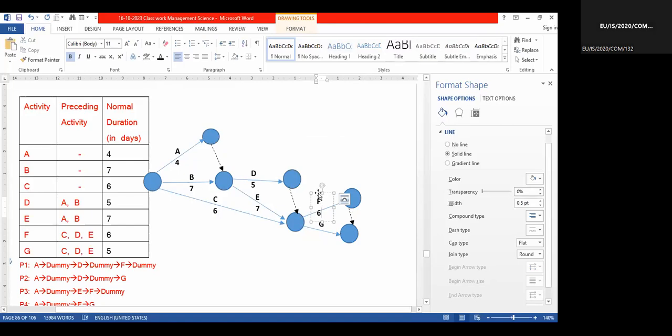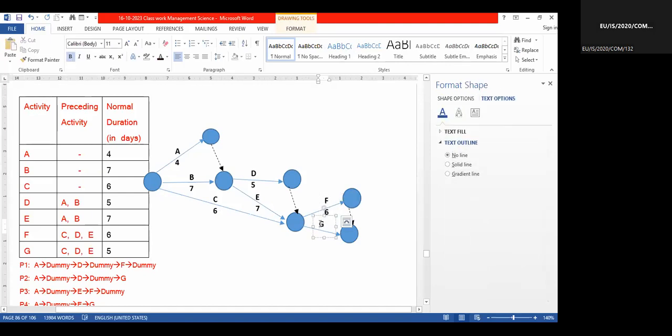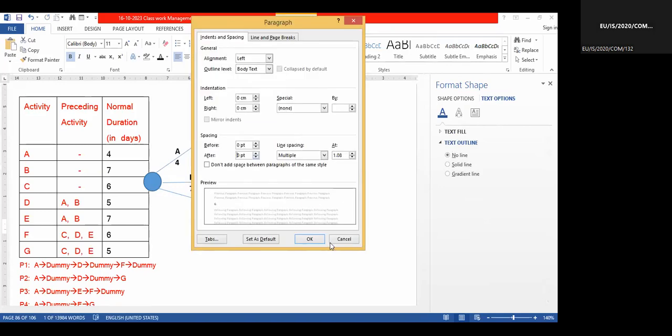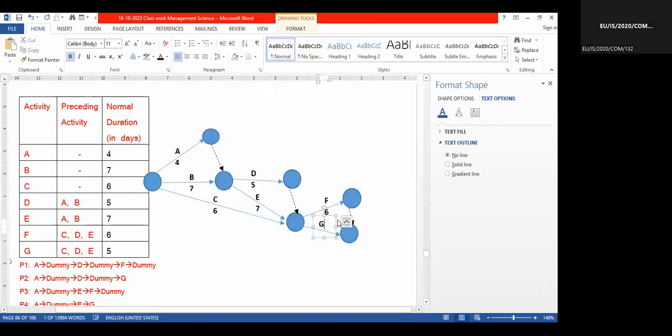Okay. Then last one, G, how many days? 5 days. 5 days only, no? Sure. Now can you see how many days are required to complete the project?